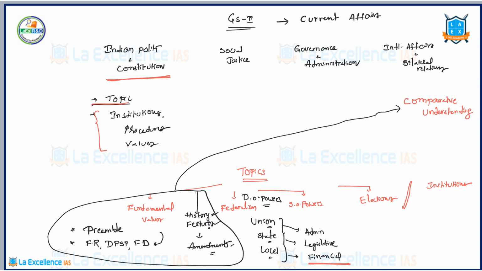Now, when we go to the separation of powers, it means we have three organs of the state. What are these three organs of the state? One is executive. It means our prime minister, council of ministers, all these are part of the executive. Then we have legislature, assembly, parliament, all these are part of the legislature.